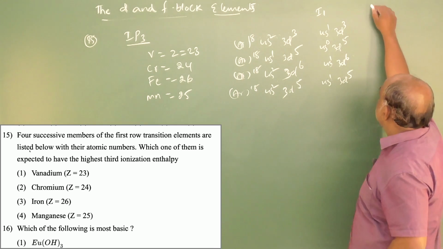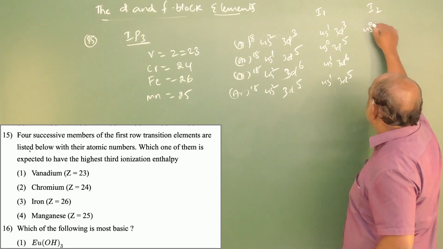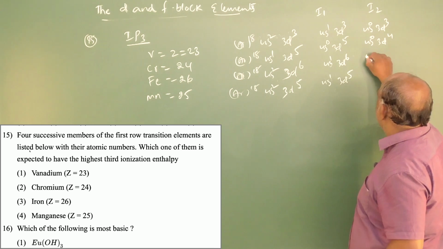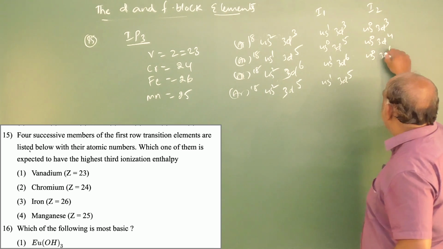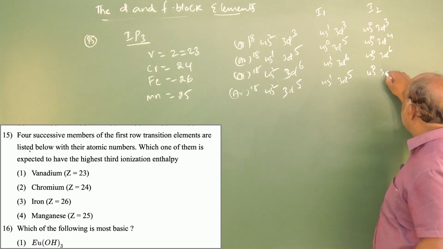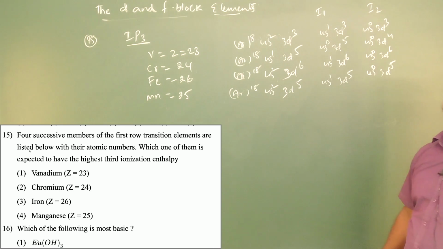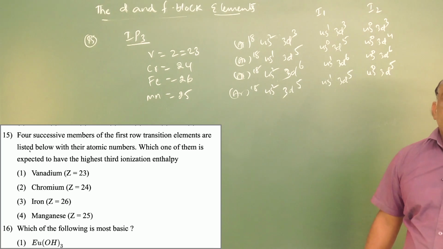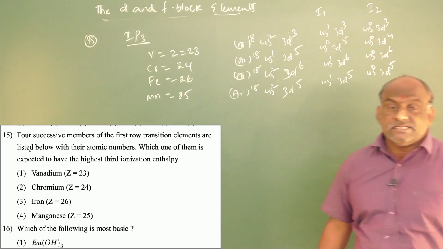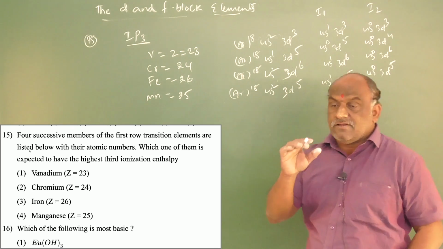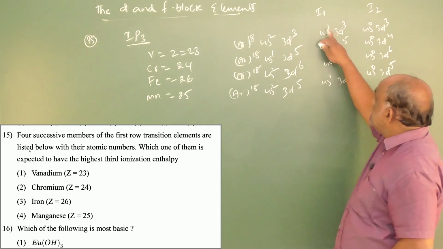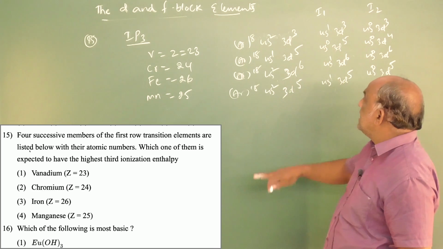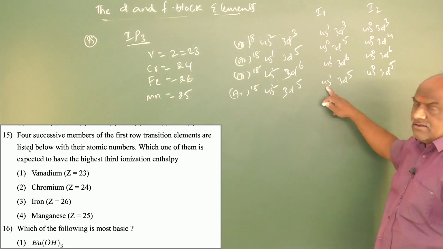What about I2 values? 4s0, 3d3; 4s0, 3d4; 4s0, 3d6; 4s0, 3d5. This is I2. What we have to find is the highest third ionization enthalpy. First ionization enthalpy values are like this, by removal of the first electron.